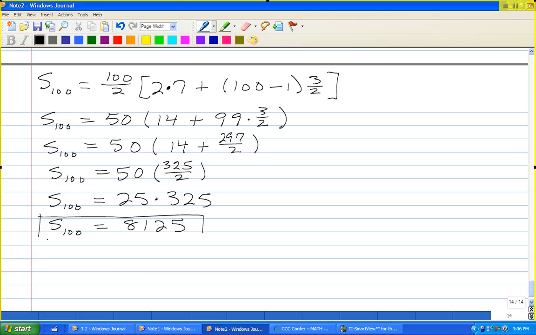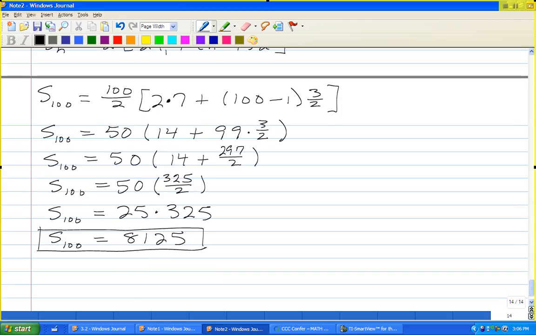And so if you added up all those terms, you get 8,125.